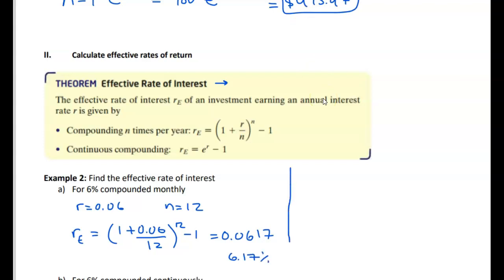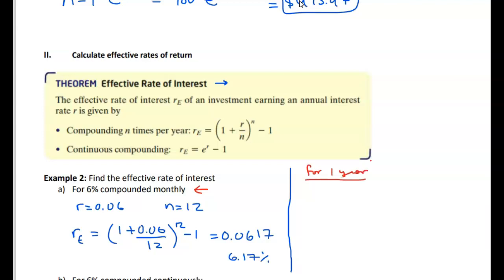Okay, so this is what this means. Let's say that I'm doing this 6% compounded monthly, for 1 year.